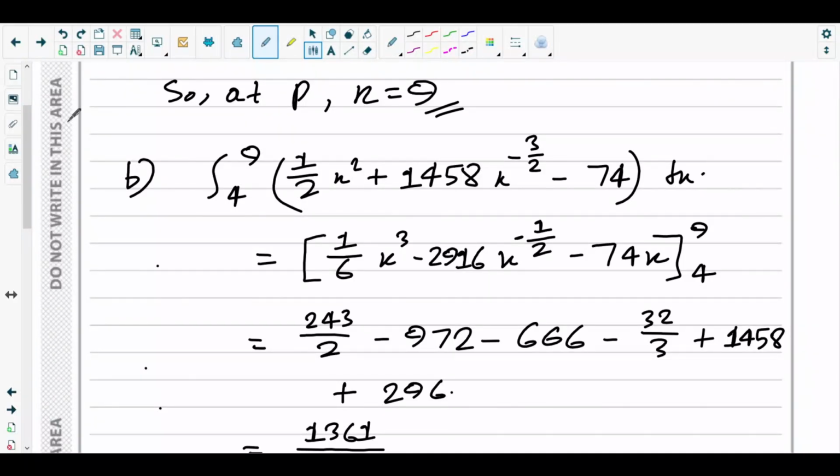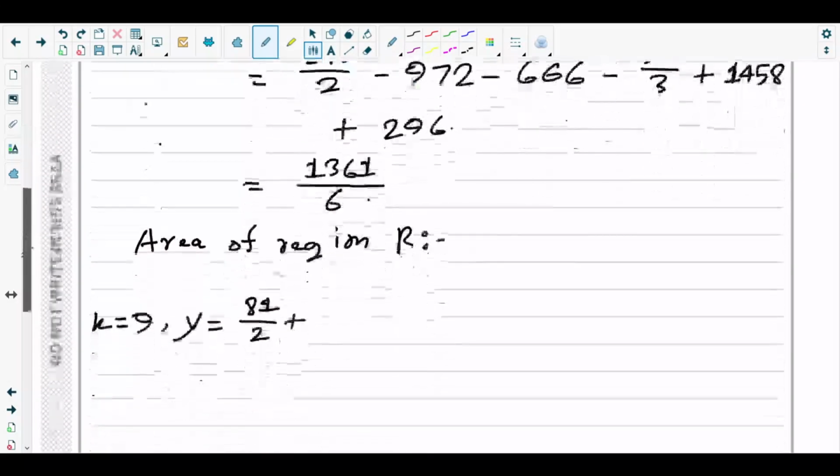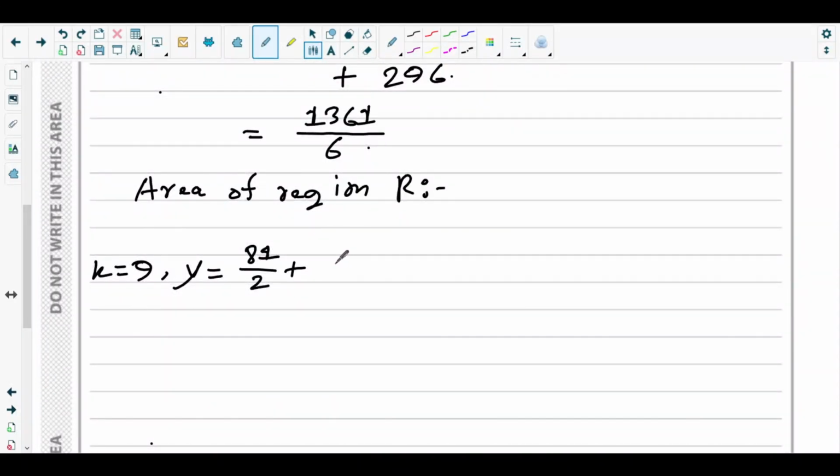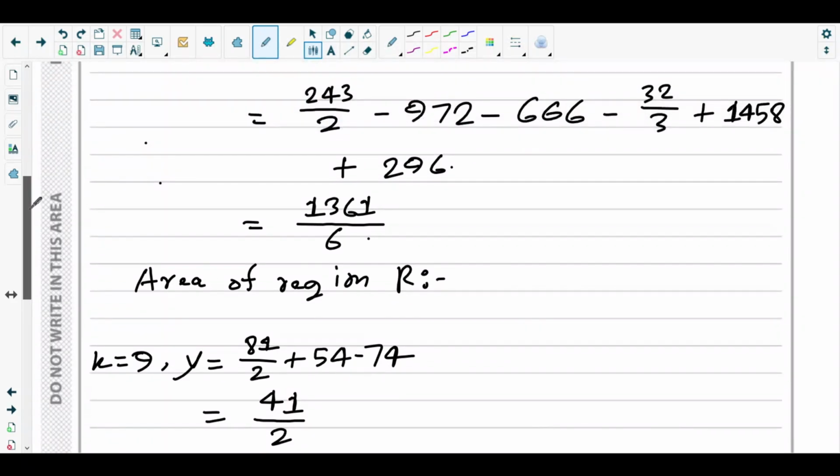This is 27, so this is 54. So 81 over 2 plus 54 minus 74. So what would be the y value? This is basically 41 over 2. So we got the y coordinate of point P.